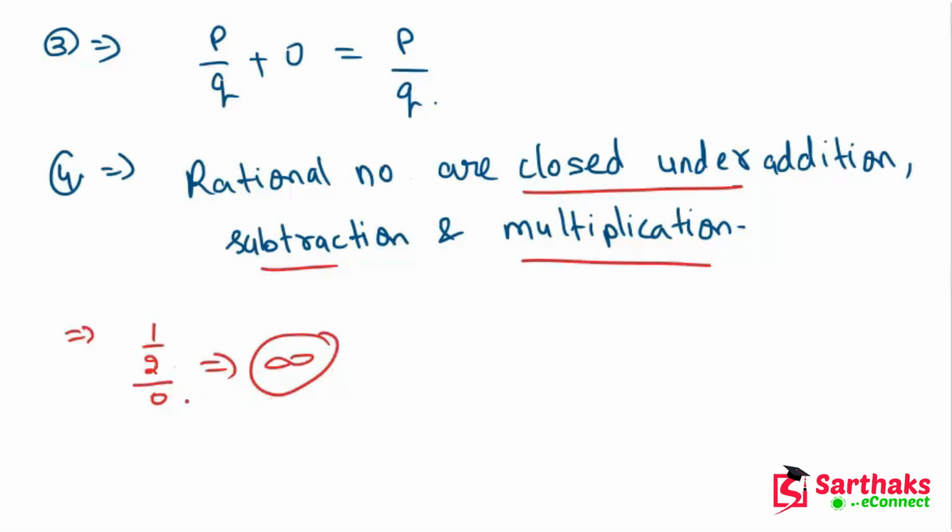If we divide by 0, then we get 1 upon 0, which is not a rational number. So we cannot say that if we divide two rational numbers, then this will give a rational number.